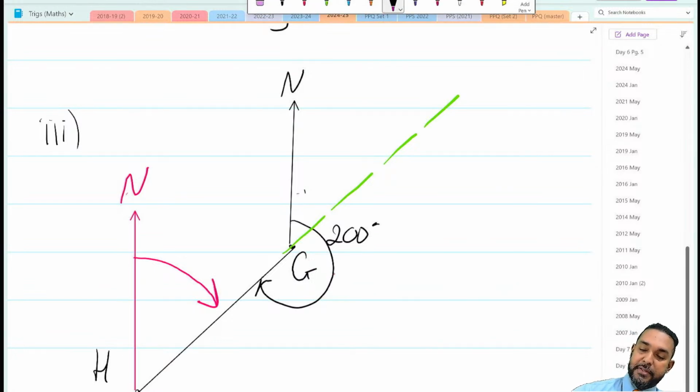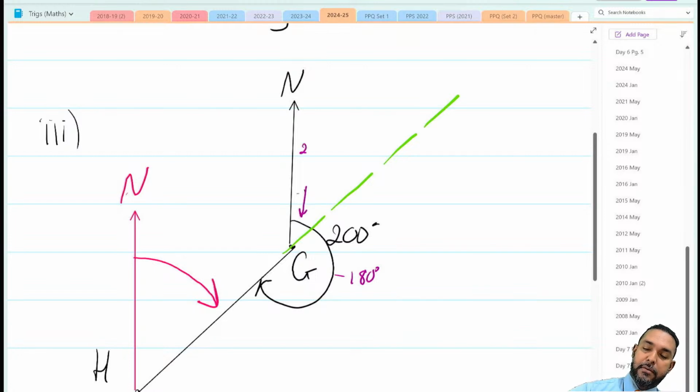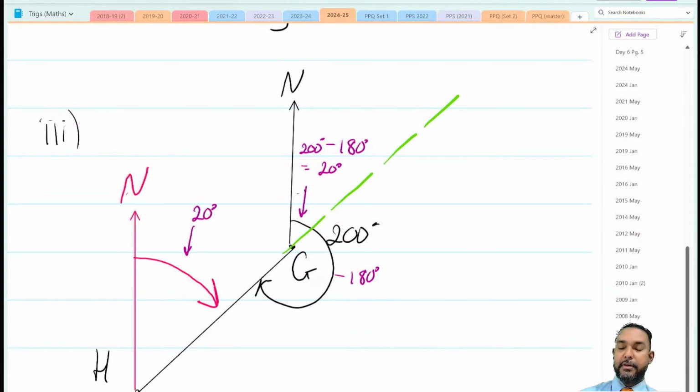It breaks it up into a 180 down here. And the remainder here will be what? Which means, therefore, that this angle here is also equal to 20 degrees.